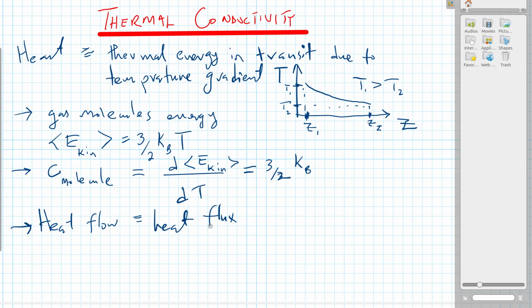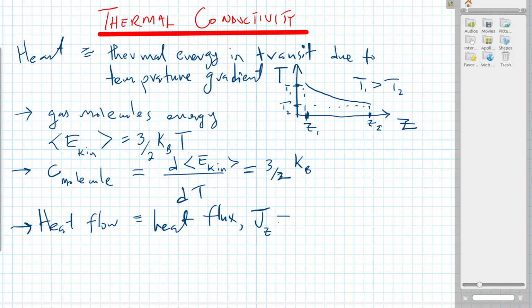So with this definition, we can write the heat flux as J. The subscript Z is representing the direction of the flow. Let's say we're considering the direction as sketched above.